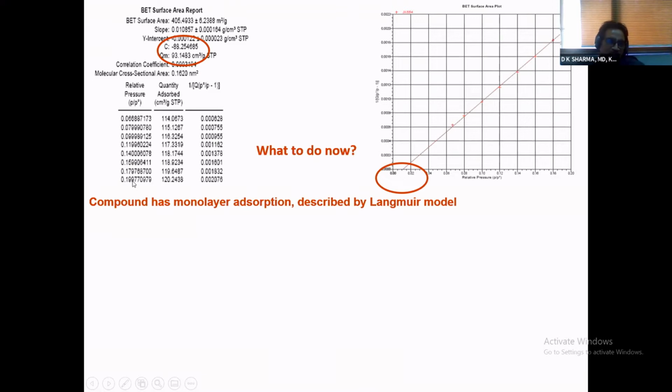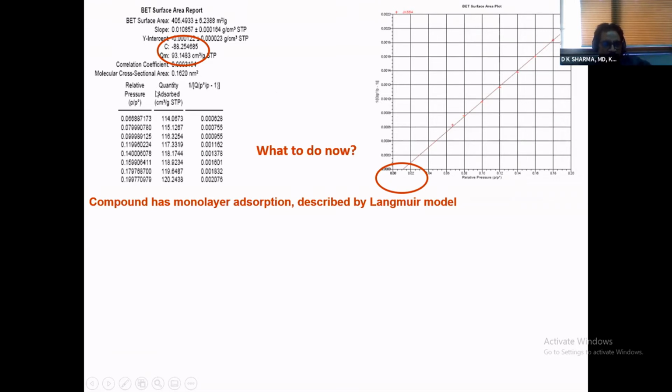Obviously, a lot of the higher points were removed and only the lower points were kept. Even then, they couldn't make C positive in this case. What is the monolayer capacity that it is showing? It is showing a monolayer capacity of 93 cc.